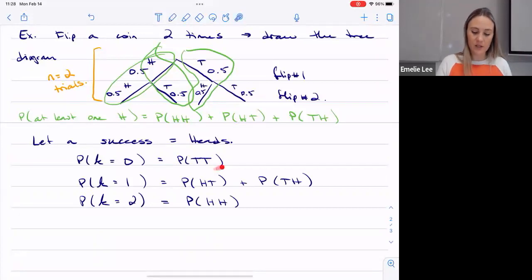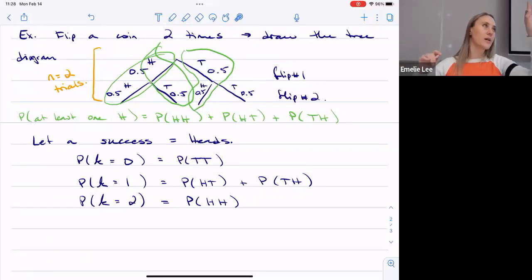We can find these probabilities, right, just from the tree. And with only 2 trials, it's very easy to wrap your head around and just kind of map it out and see it. What if you flip a coin 10 times? Uh-oh, right? Because now you're going to have a branch, a branch, a branch, a branch. It just gets out of control, right?